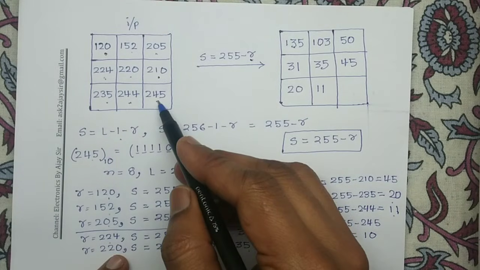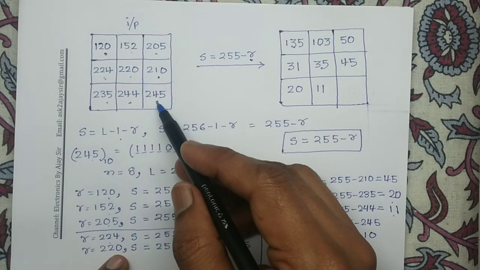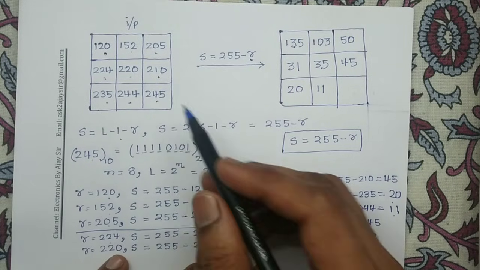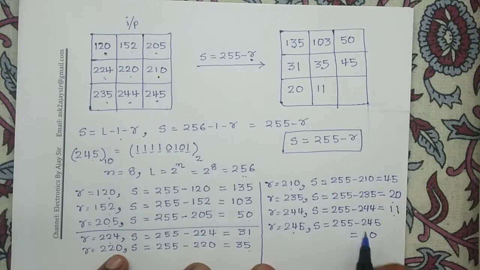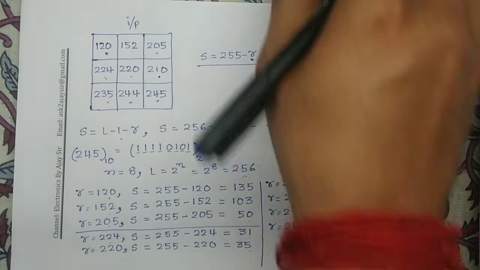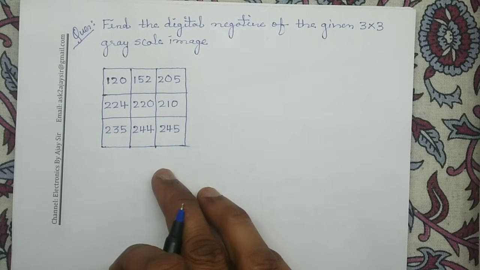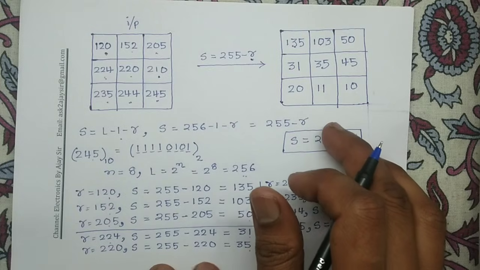So for this given input intensity level 245, I have determined the output intensity level as 10. So for this given digital input image, we have determined its digital negative output.